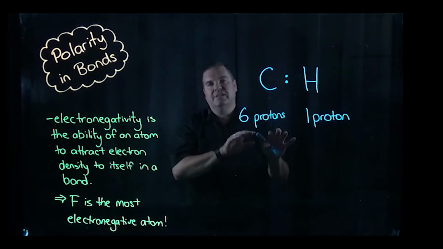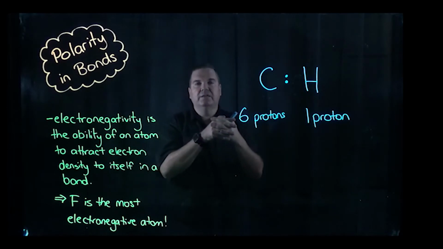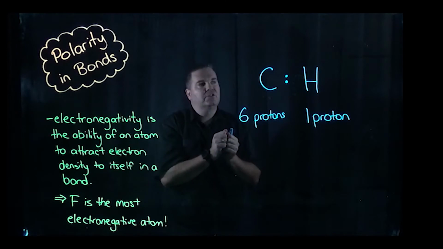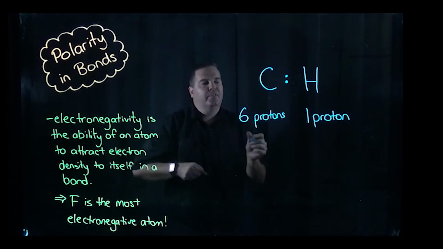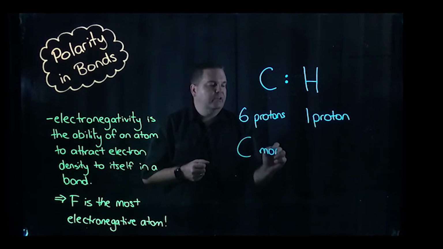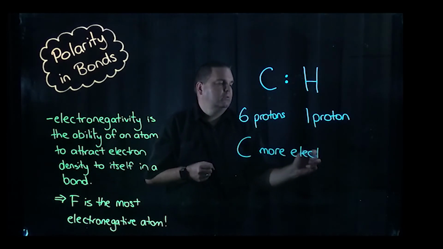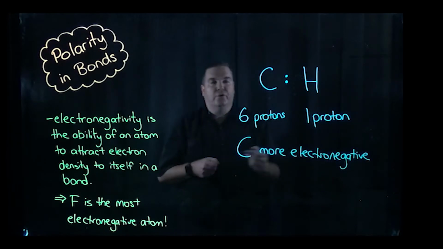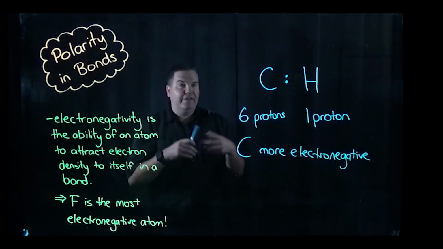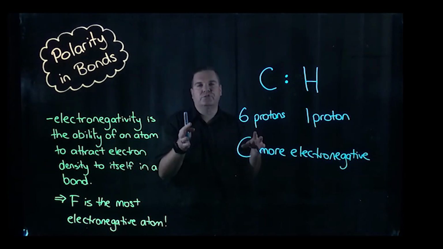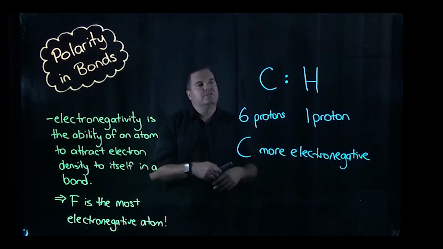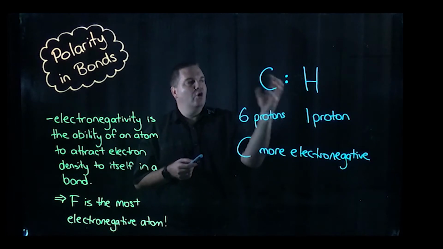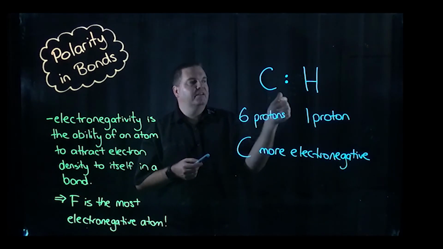But 6 protons here gives a much stronger ability to attract negative charges to its positive nucleus. So the carbon here is more electronegative. And the reason it's more electronegative is because it's got more protons in its nucleus, all right? And the fact is it doesn't have a lot of extra electron shells at the moment, okay? So what that means is that this carbon here is going to be able to attract these electrons over towards itself more readily than the hydrogen will.